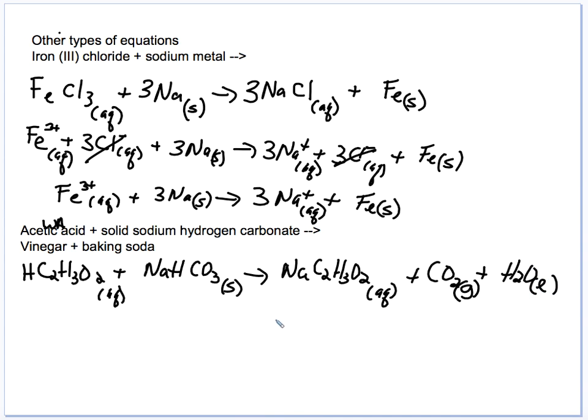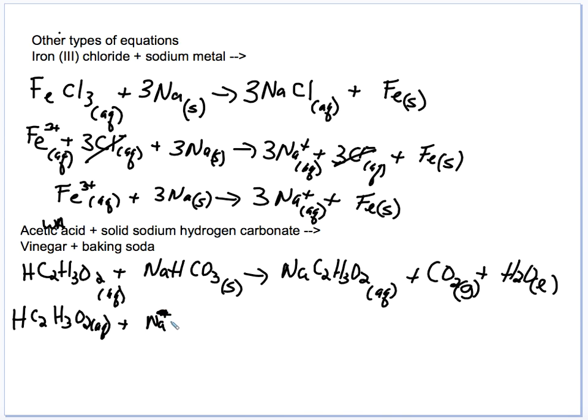All right. Now if we balance it, I believe it should already be balanced, which I think it is, so hopefully we're okay to go there. Now we can look at things and say, okay, HC2H3O2 is a weak acid, we can't break it apart, so it stays together. But the sodium hydrogen carbonate, that's an ionic compound, but it's a solid.